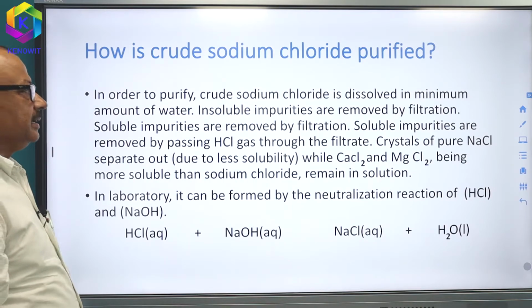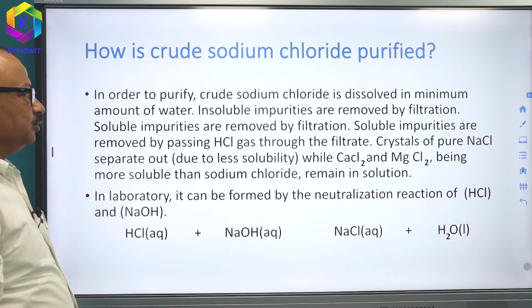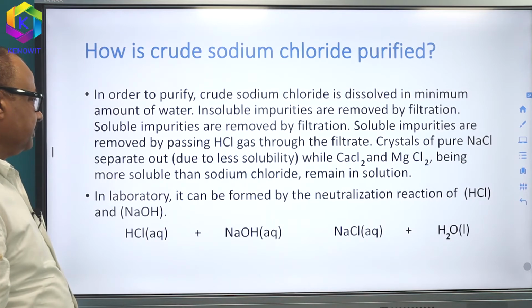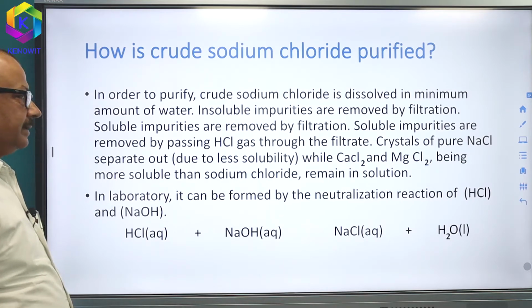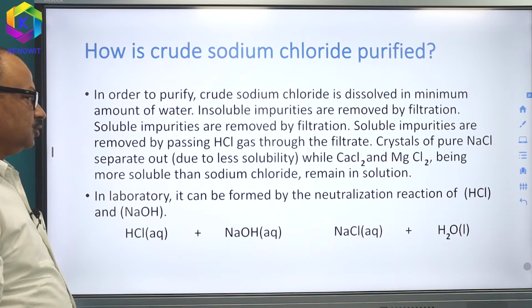Insoluble impurities are removed by filtration. Soluble impurities are removed by passing HCl gas through the filtrate. Crystals of pure sodium chloride separate out due to less solubility, while calcium chloride and magnesium chloride, being more soluble than sodium chloride, remain in solution.